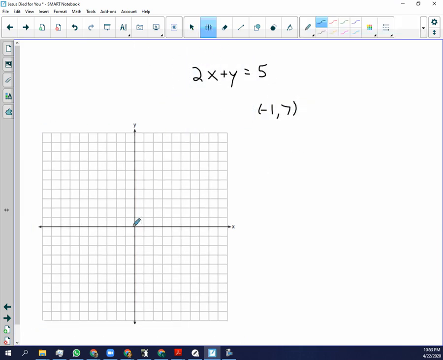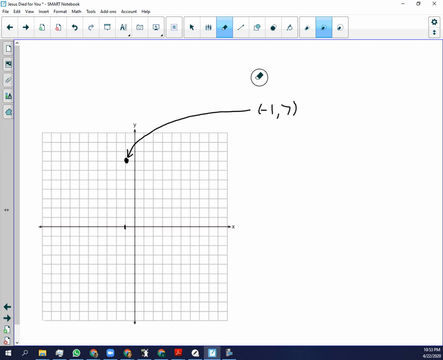Okay, so we have negative 1 on the x-axis and 7 on the y-axis. So this point right here would be where x equals -1 and y equals 7. If we wanted to switch that around, it wouldn't be a solution to this equation, but I'll just get rid of that. How about we take the point 7, -1?